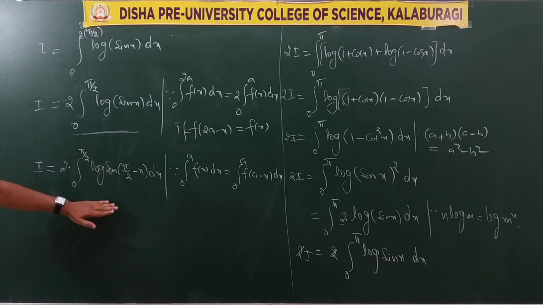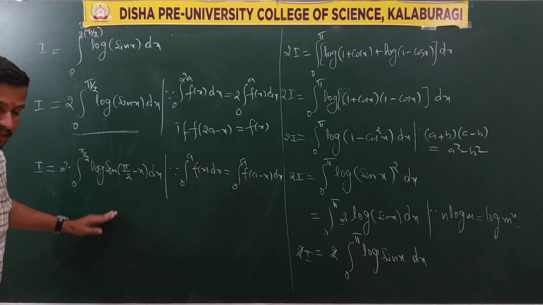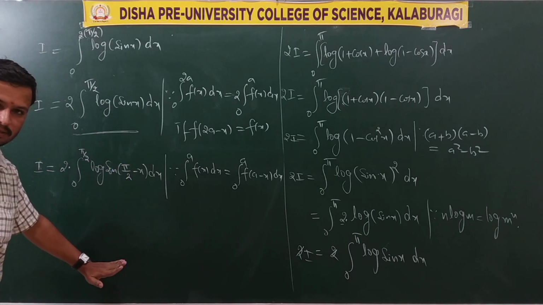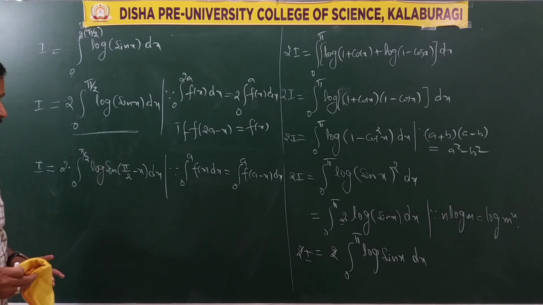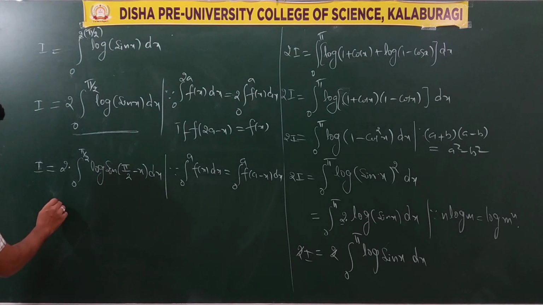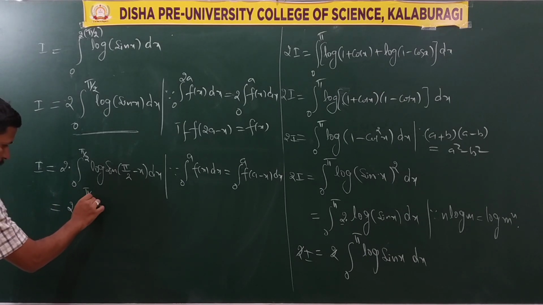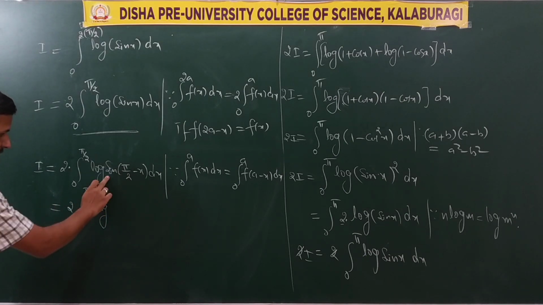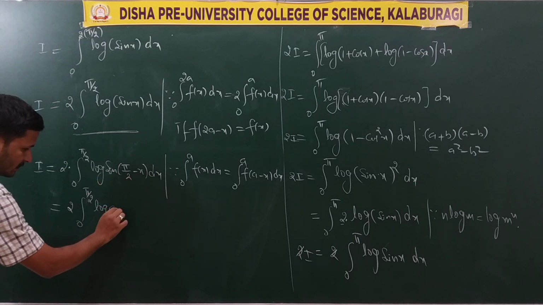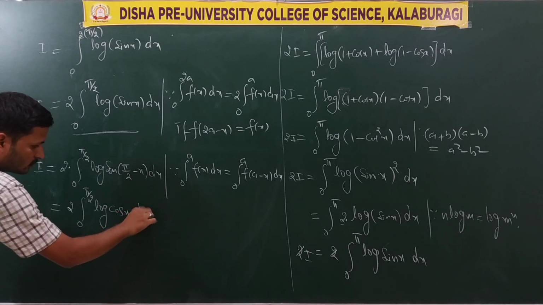From here, we are solving exactly the second problem; copy that problem as it is, no change. So we have 2 times the integral from 0 to pi by 2 of log of sin of 90 minus x. So sin of 90 minus x is cos x into dx.